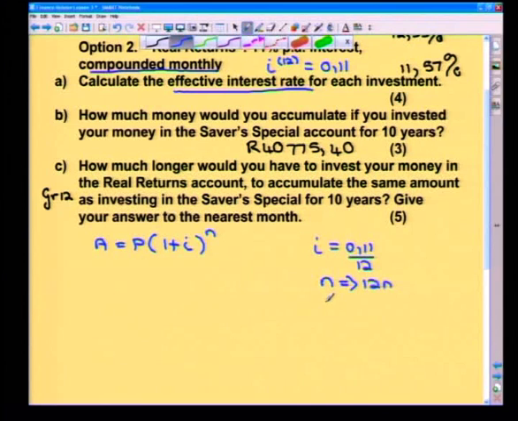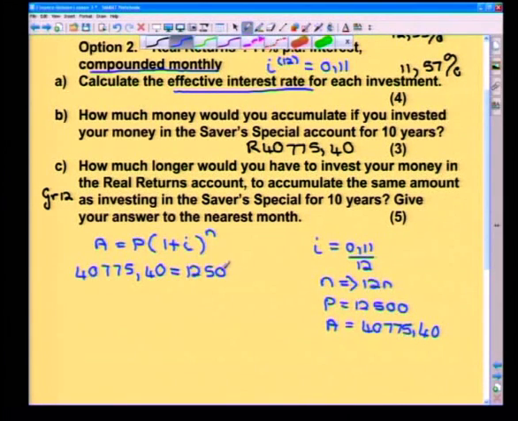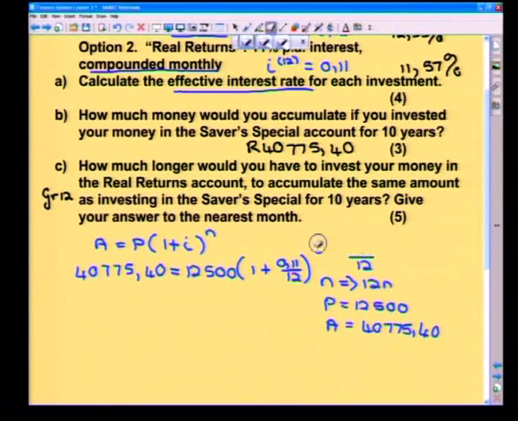Right, now we know that our principal amount was 12,500, and our accumulated amount was 40,775.40. So if we go over here, 40,775 Rand and 40 cents must equal 12,500 times (1 plus i), which is 0.11 over 12.